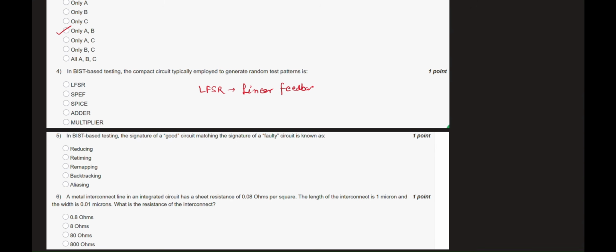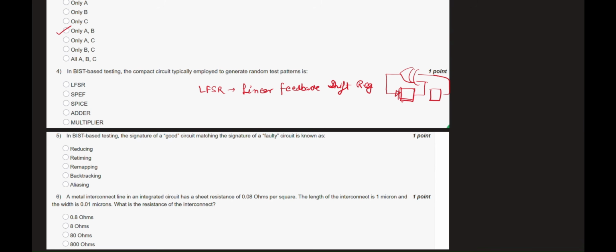Linear feedback shift register. What it does is it has a kind of shift register, as you can see, and there will be some XOR gate formation between the flip-flops, and this is given as feedback to the flip-flops.